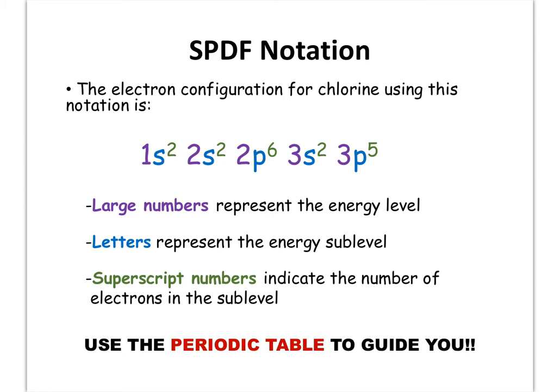Remember, you can use the periodic table to guide you as you do any of these. If you can trace this on the periodic table, you can do SPDF notation for any element. Again, it's just a simpler version of orbital diagrams. You don't have to use the boxes and the arrows. If you need to pause here to fill out your note sheet, you can, then continue when you're done.